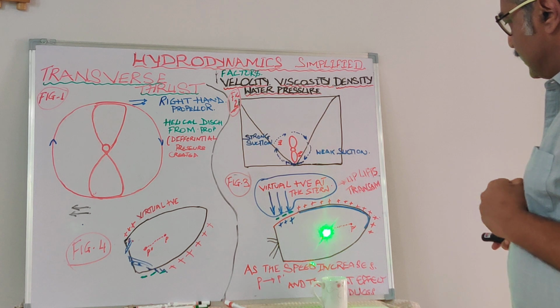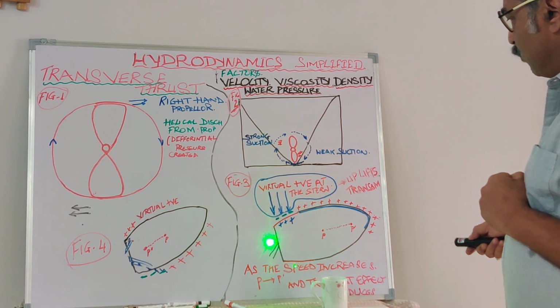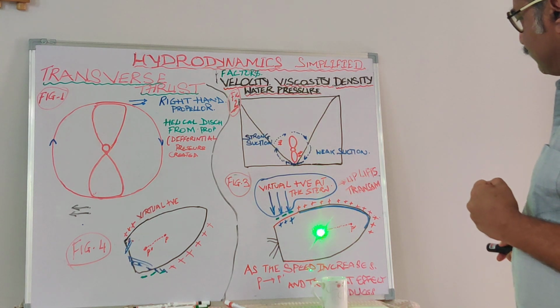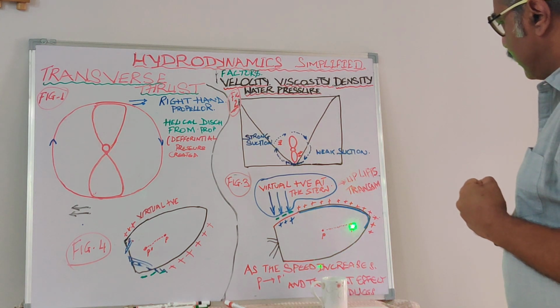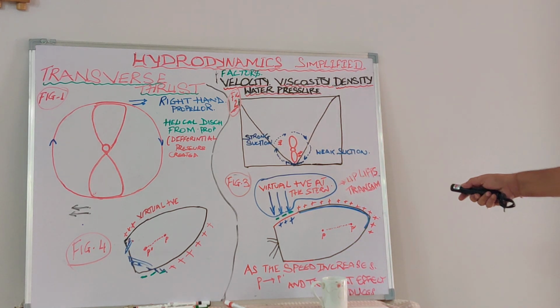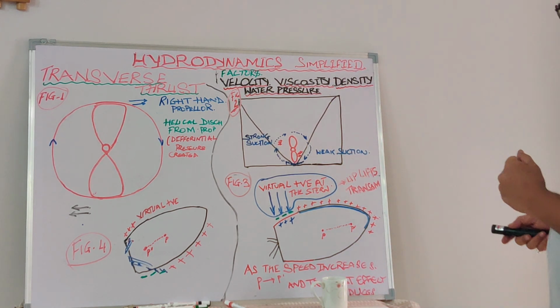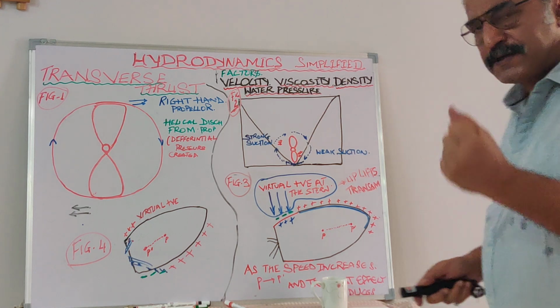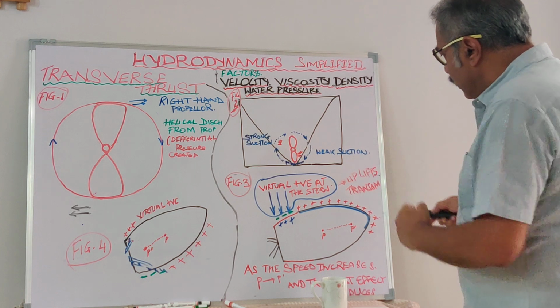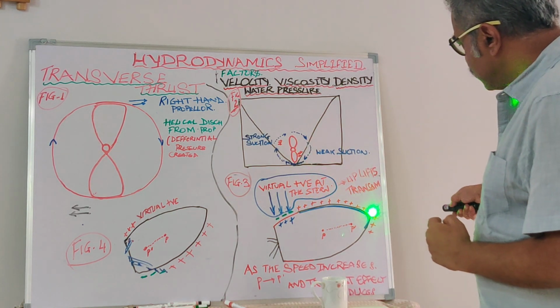The pivot point initially is at P, and the moment dead slow ahead or the kick is given ahead, the pivot point starts going ahead and settles down here approximately 1/4 of the length from the bow. And during that point of time, what happens? When the vessel speed is less, she will start canting to port because of this positive pressure.